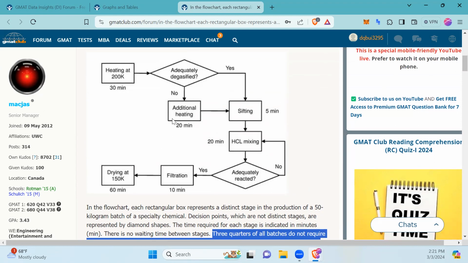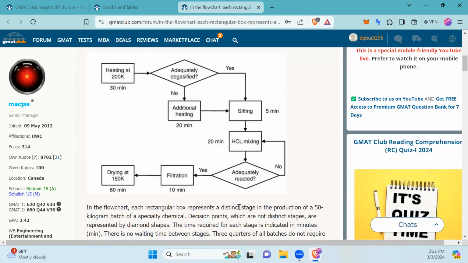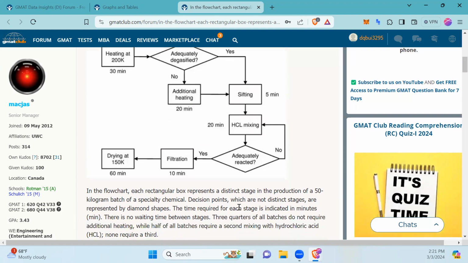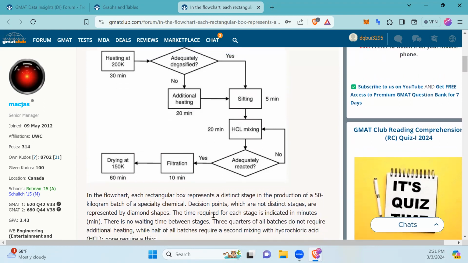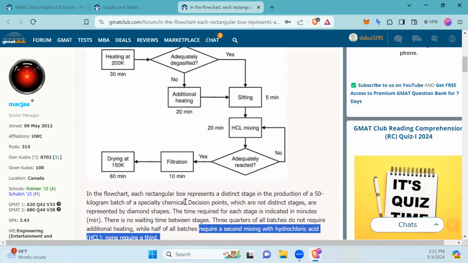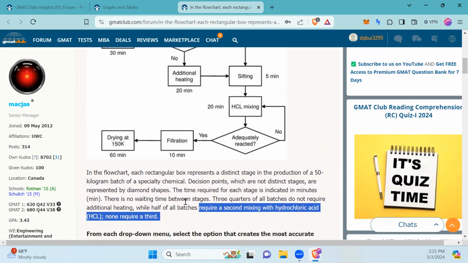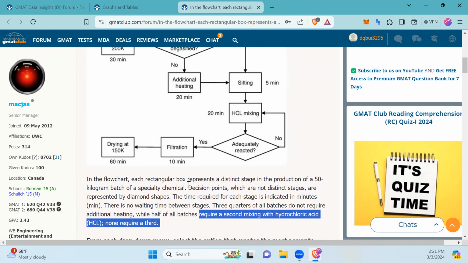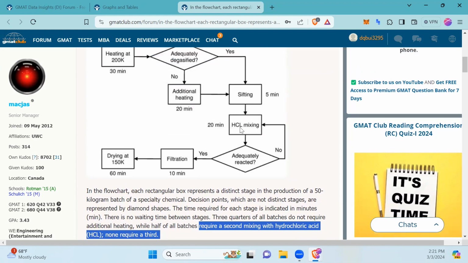So this step, additional heating, this 20-minute step here, is not needed for 3/4 of the batches. Half of the batches require a second mixing with hydrochloric acid, and none needs a third mixing with the hydrochloric acid. Okay, so this step, HCl mixing, is repeated twice for half the batches.